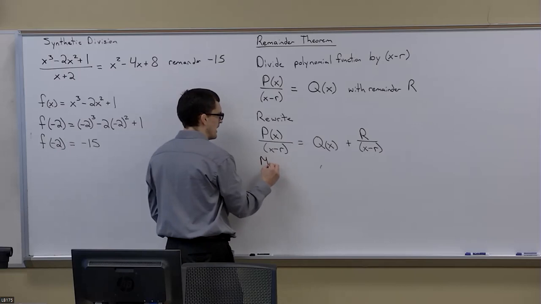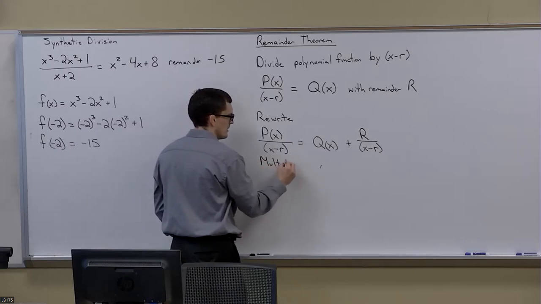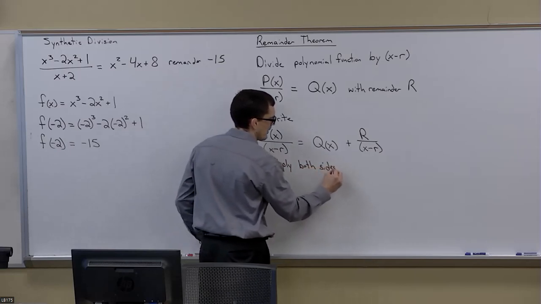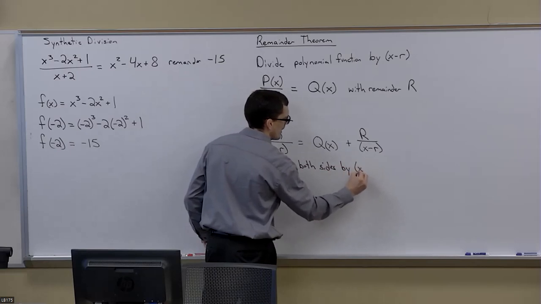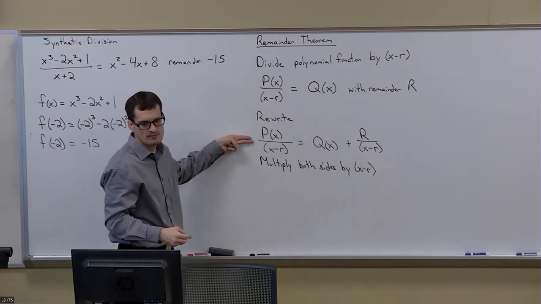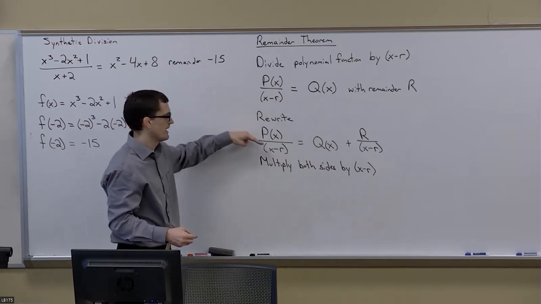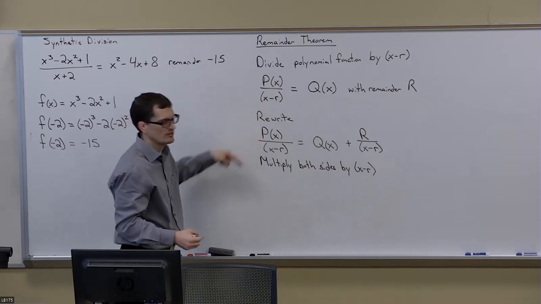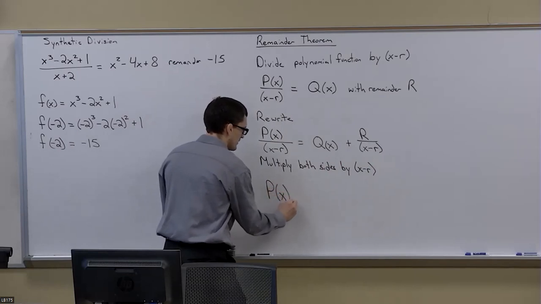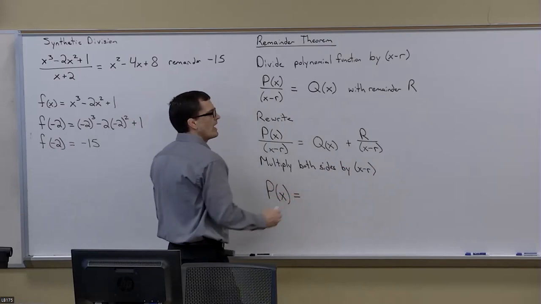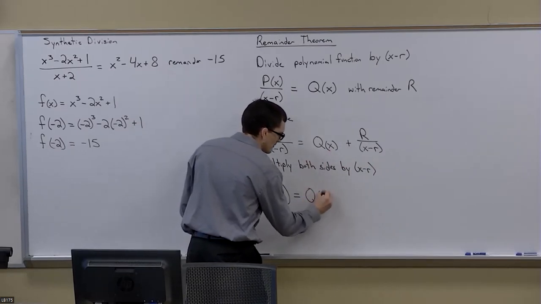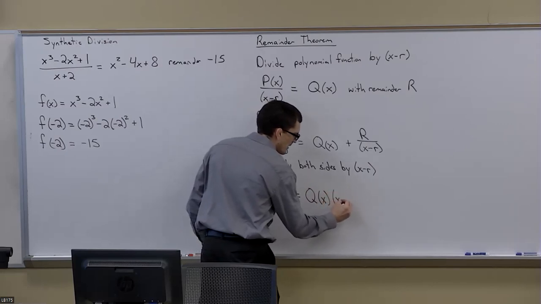Now we're going to multiply both sides by x minus r. Well, what happens if I multiply the left-hand side by x minus r? That's going to cancel out the denominator, right? And I'll just be left with my original dividend. If I multiply q of x by x minus r, I just get q of x times x minus r.